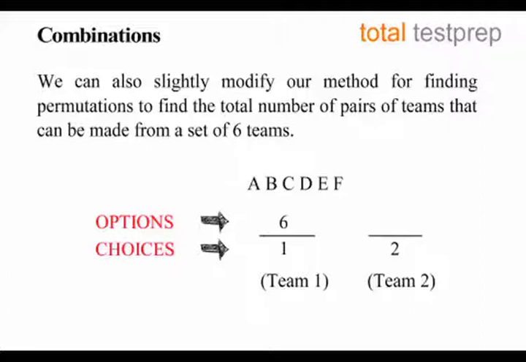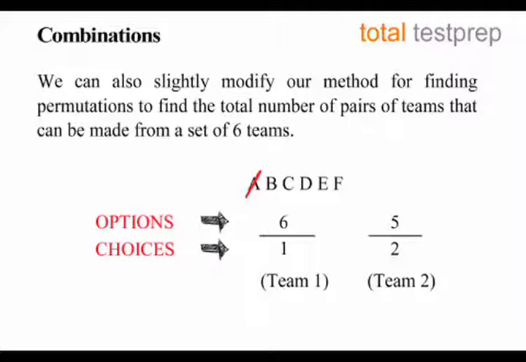And then if we pick A to be the home team, or to be team 1, we have to ask ourselves, then how many options are there for team 2? How many teams are there left? There's 5 teams left. If we pick A to be the first team, then there's B, C, D, E, or F for the second team.